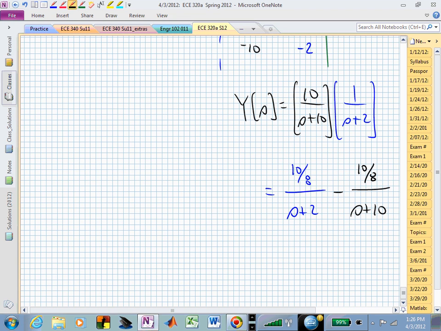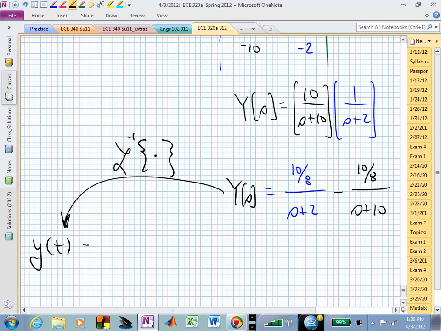So that y of t now, from this solution approach, if I now simply do the inverse Laplace transform, this will now be 10 over 8, which is 5/4, or 1 1/4, e to the minus 2t minus e to the minus 10t u of t.